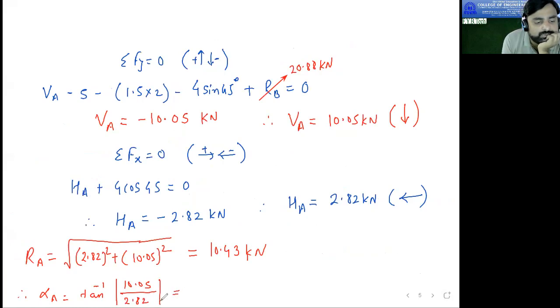So alpha is equal to, calculate the value of alpha. 29.89 degree. So this is the answer.